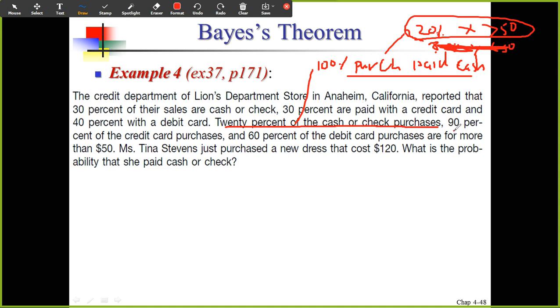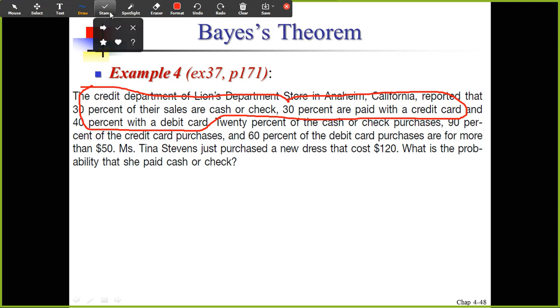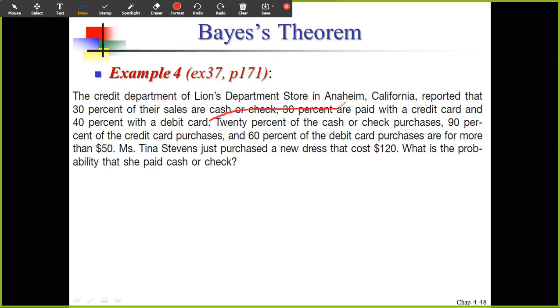And same thing: among purchases by credit card, 90% buy more than $50. Among those paid by debit card, 60% buy more than $50. So this is the information that tells us to find the prior probability, and this is the information telling us to find the conditional probability.